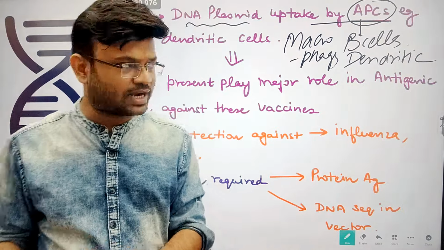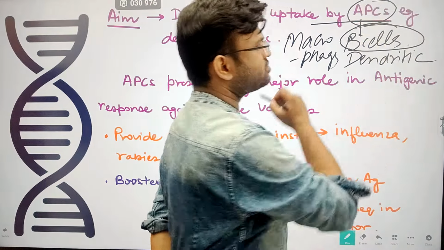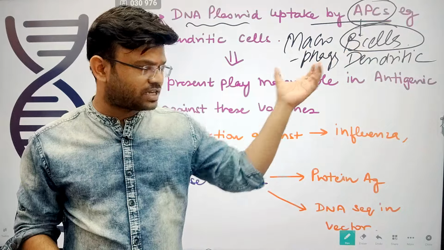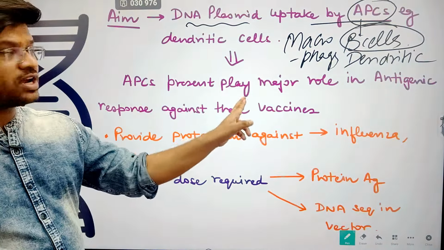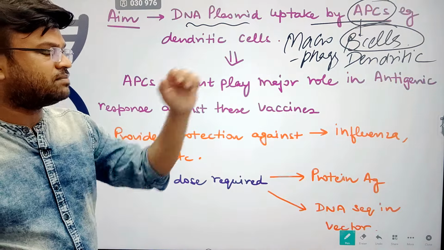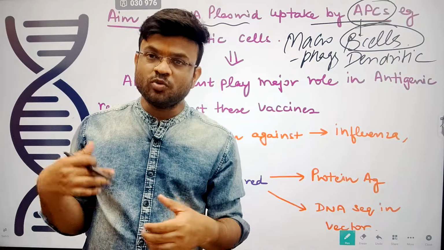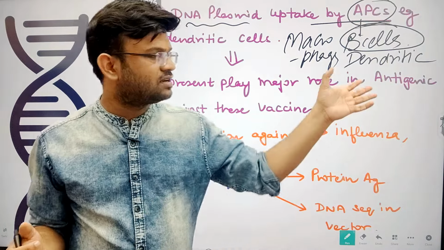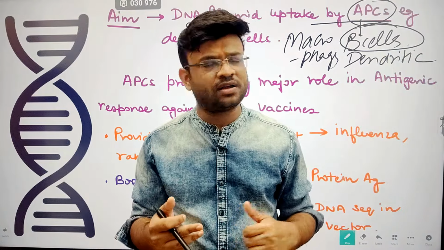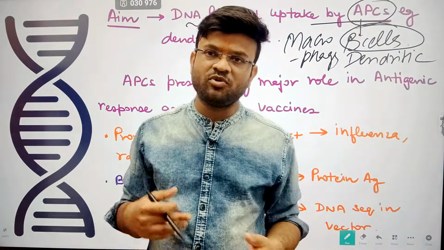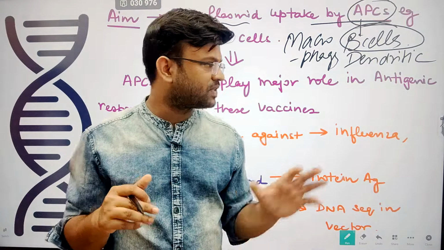If the dendritic cells, B cells and macrophages get involved, the humoral immunity will get activated. T cell related immunity, we have already talked about how it will get activated, but over here the humoral immunity will also get activated if the antigen presenting cells take up that DNA, right?